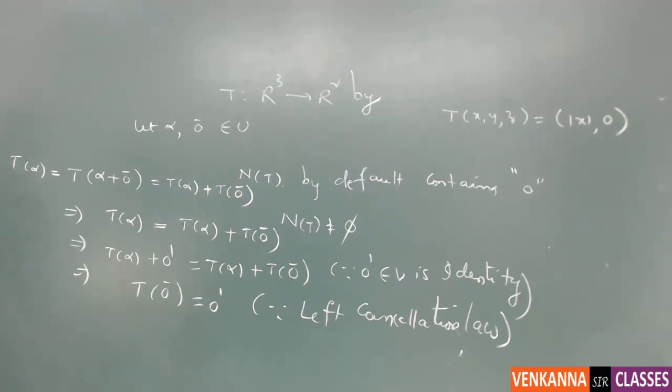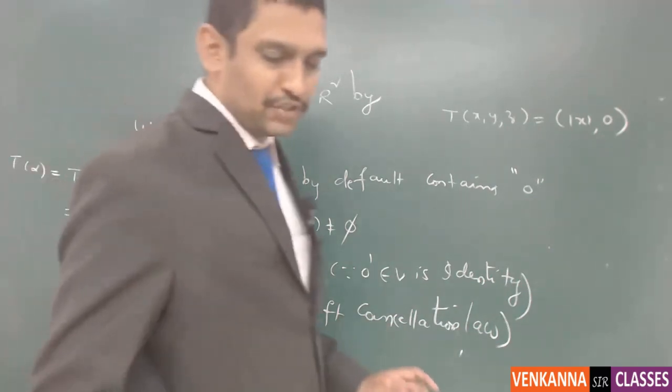Right. Please understand that N of T is a subspace, right? How did you say by default that N of T is a subspace? You are verifying A alpha plus B beta belongs to N of T. Before that, you should say N of T is non-empty, right? So let me say the procedure for it.